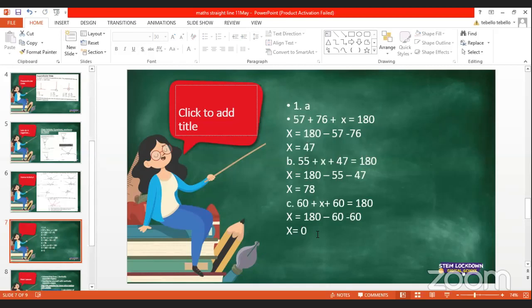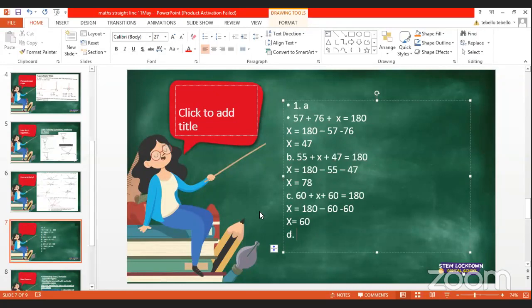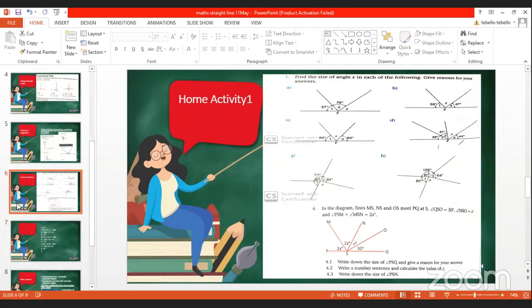Let's do our equation for number D. Guys, can you please say the answer for number D before we finish calculating it?